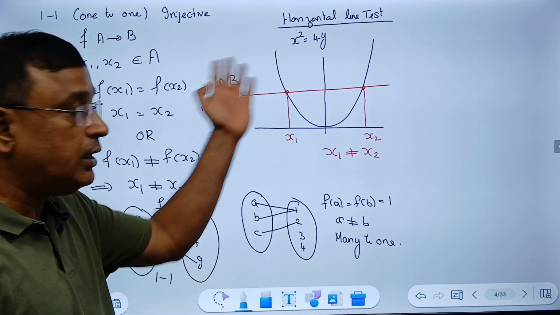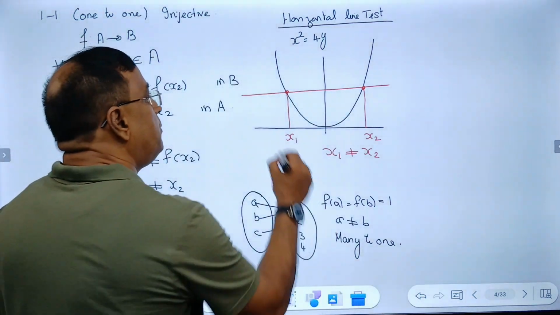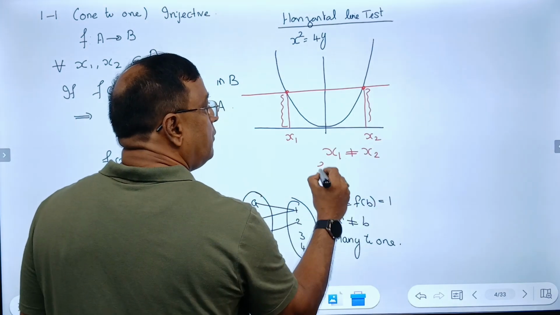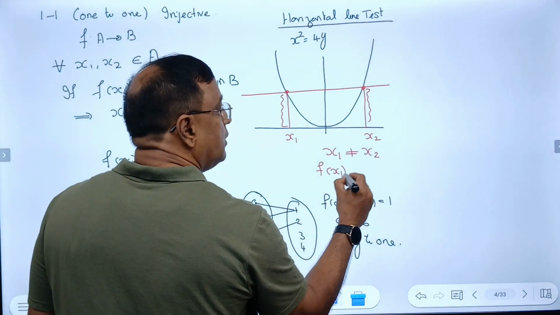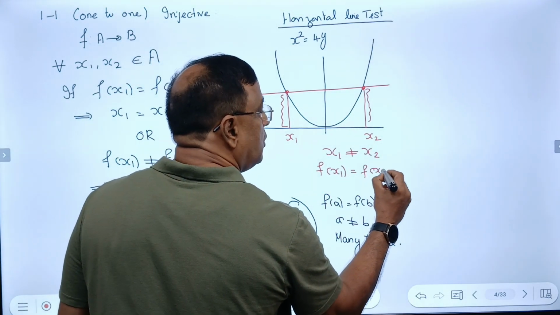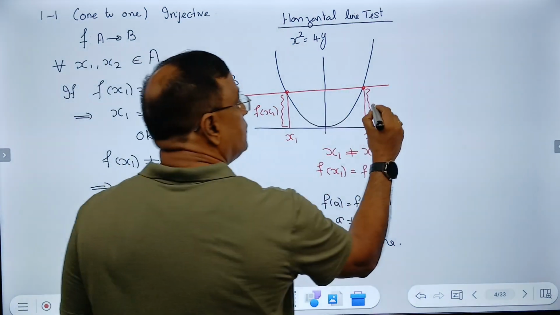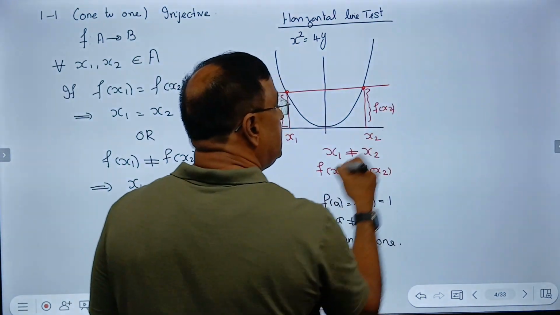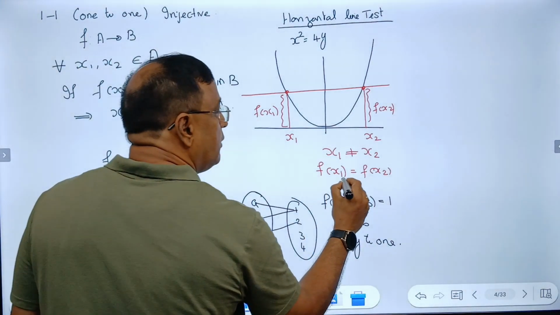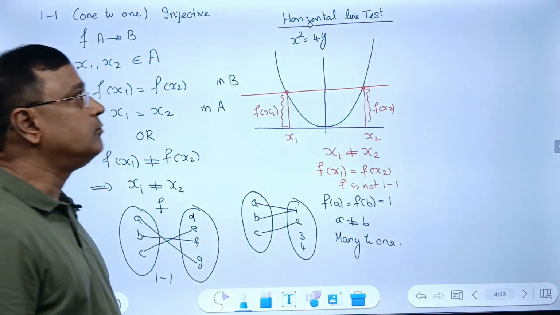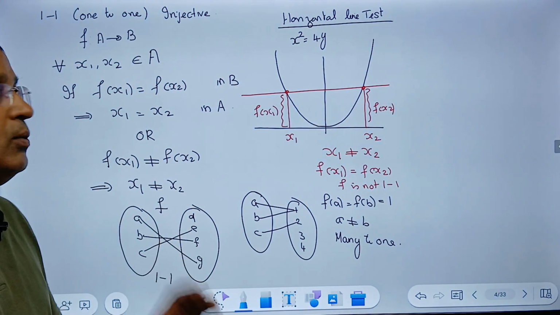One is on the negative side, the other one is on the positive side. But what are the corresponding y values? f of x1 is the same as f of x2, and they are equal. Therefore, f is not 1 to 1.